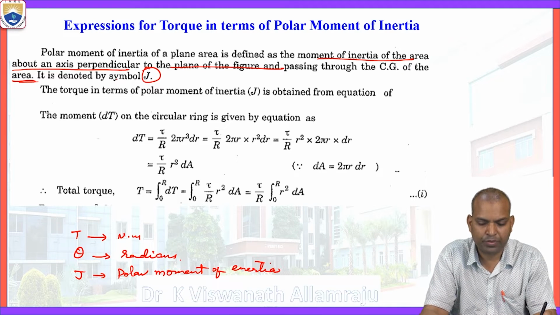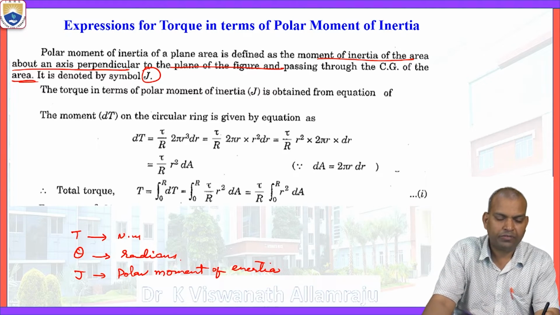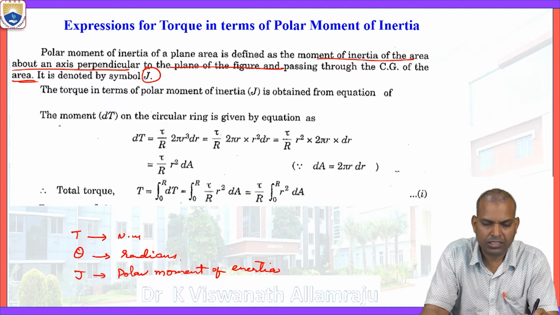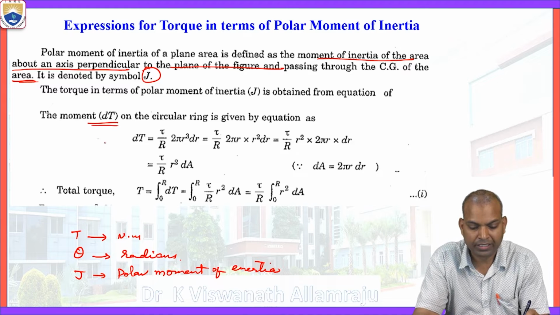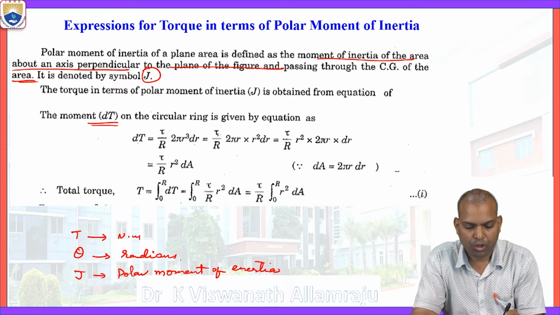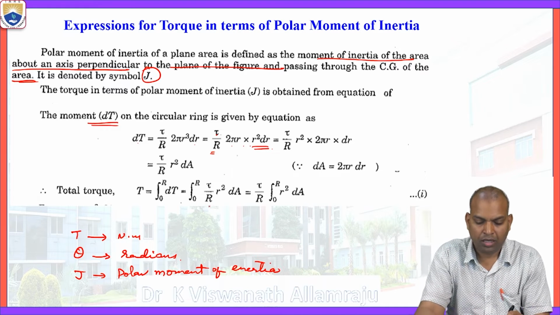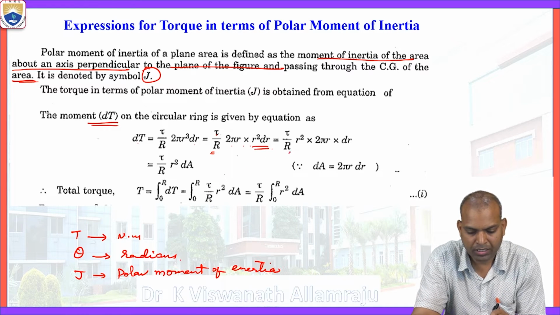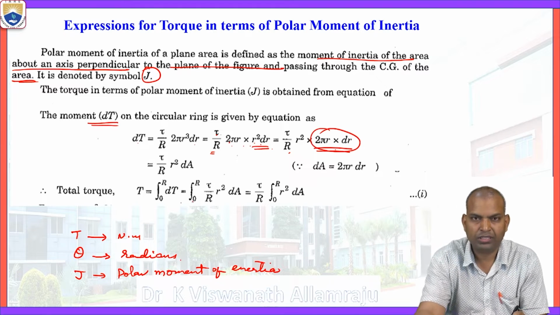So the torque in terms of polar moment of inertia is obtained from the equation. Consider dT as the twisting moment on an element on a circular ring, as we have studied in the previous session. dT equals small tau by capital R times 2 pi r cubed dr. So tau by R, 2 pi r into r squared dr. Here, 2 pi r dr is nothing but dA.